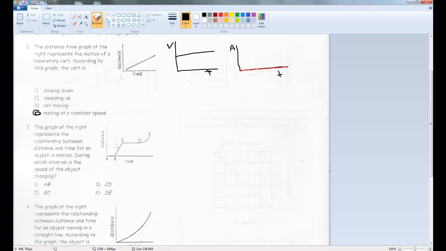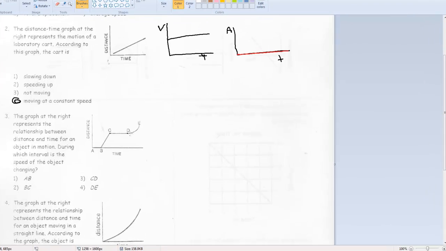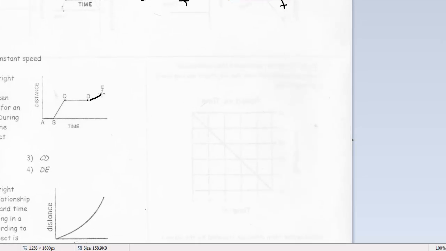So this is kind of like a constant speed right here from B to C. C to D, well, now the object is not increasing its distance, so here the object isn't moving, therefore its speed is not changing. And finally we have D to E, so in this case we see a parabolic shape, a curved shape, and that implies that its velocity is increasing. So it's going to be number four.